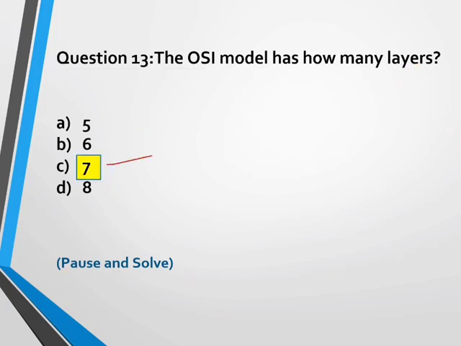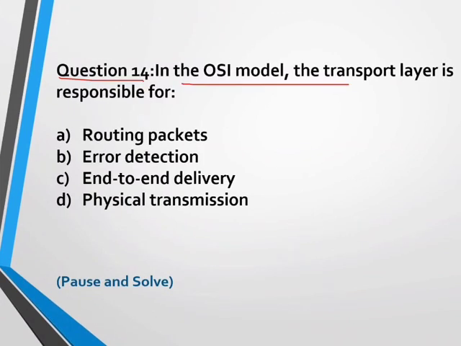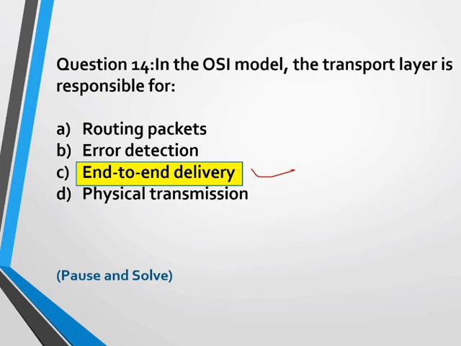And the answer is 7. In the OSI model, the transport layer is responsible for: routing packet, error detection, end-to-end delivery, physical transmission. The correct answer is end-to-end delivery.